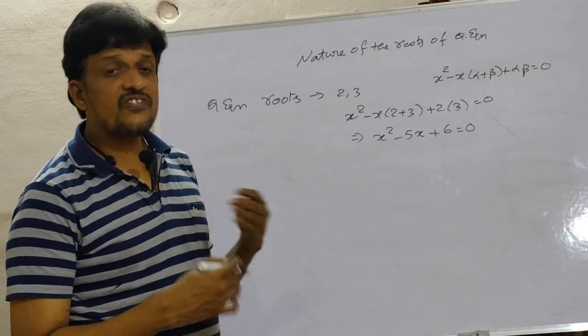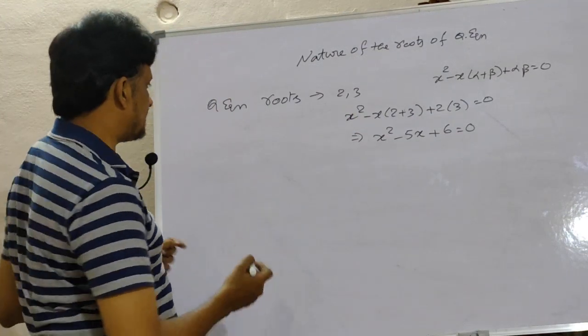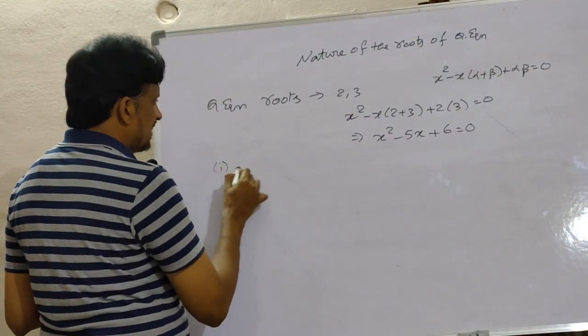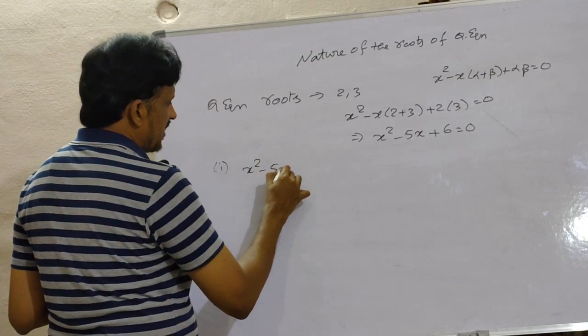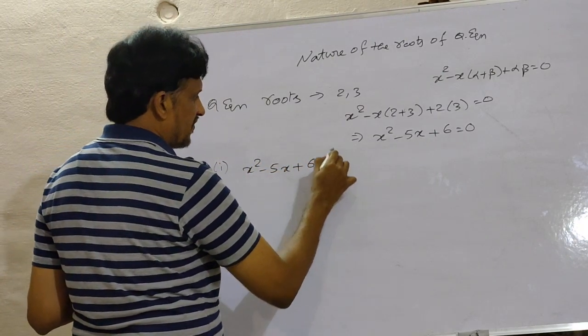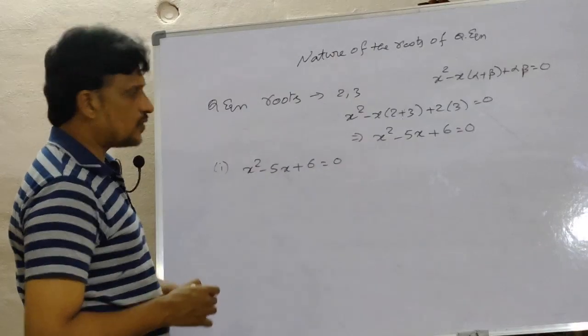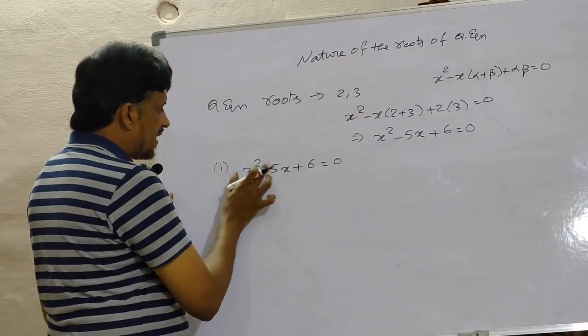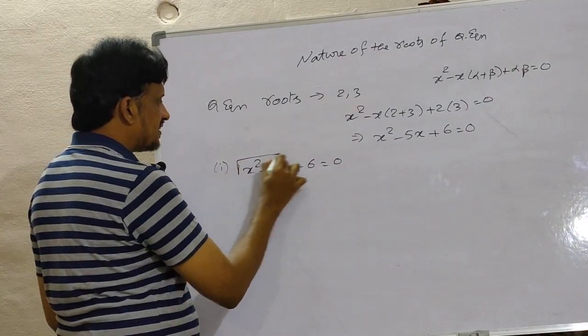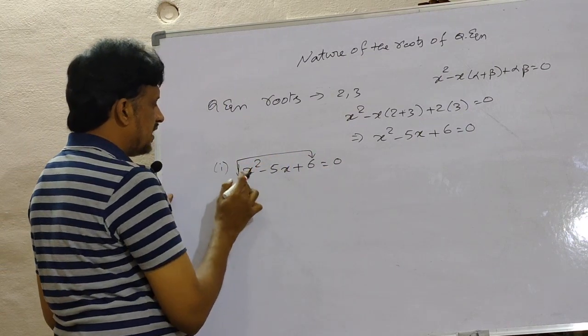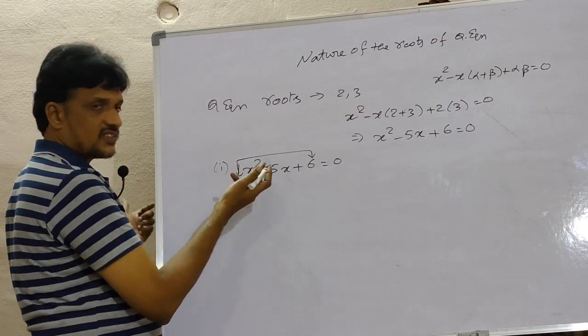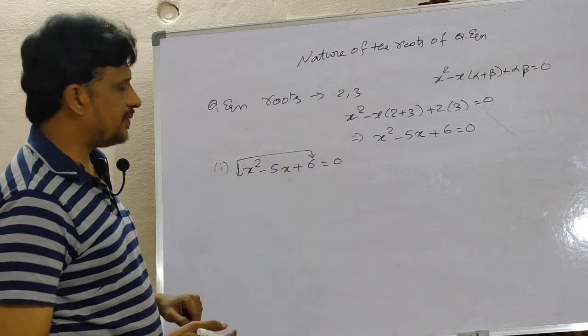Now conversely, how to find the roots when the quadratic equation is given. So here the first case is x square minus 5x plus 6 equal to 0. By using factorization, I want to write the roots here. So just multiply the coefficients of x square and the constant term. Here the coefficient of x square will be 1, and 1 into 6 will be 6.